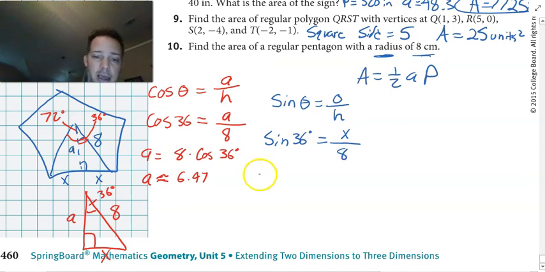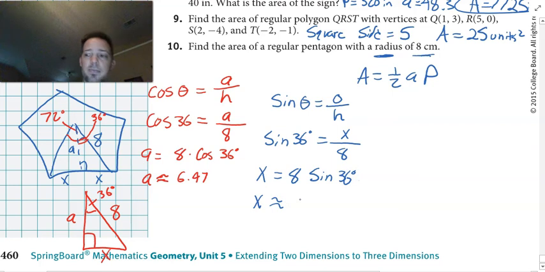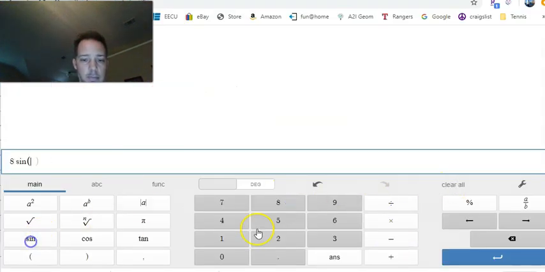Multiply both sides by 8. You get X equals 8 sine of 36, or X approximately equals 8 times sine of 36. Let's see what we get. And we get 4.7 approximately for that one, 4.7022.